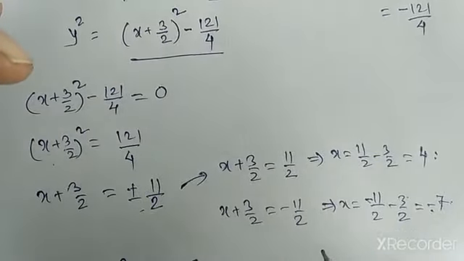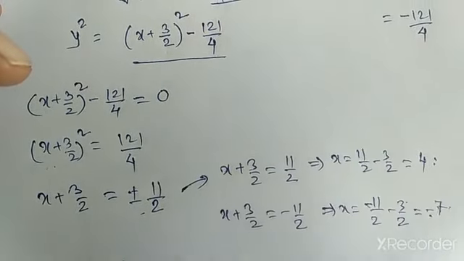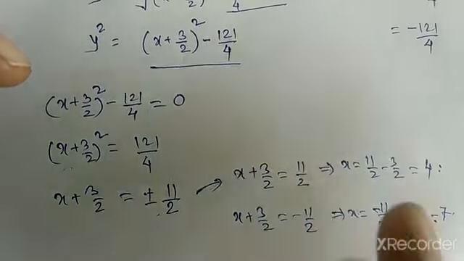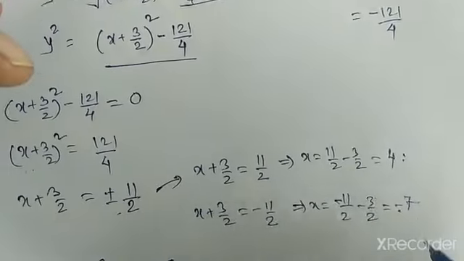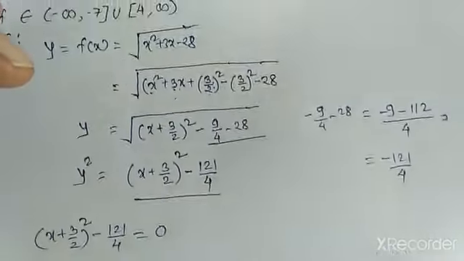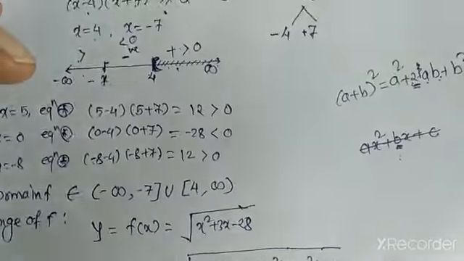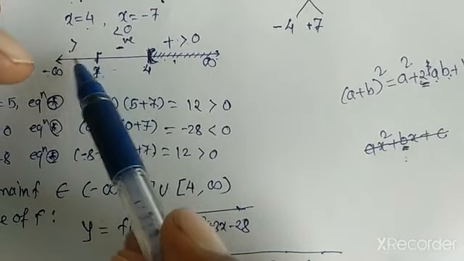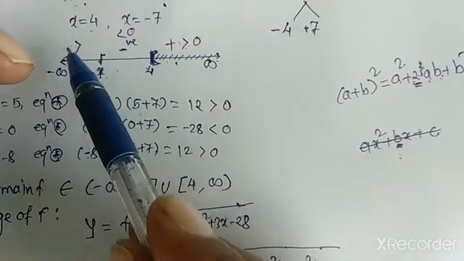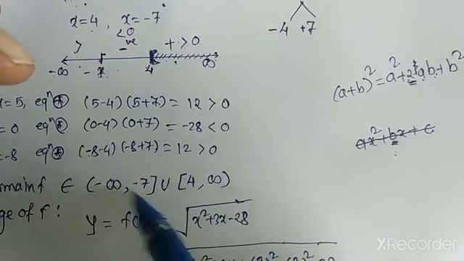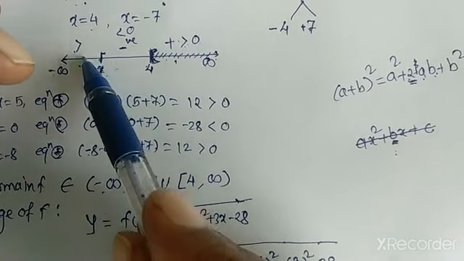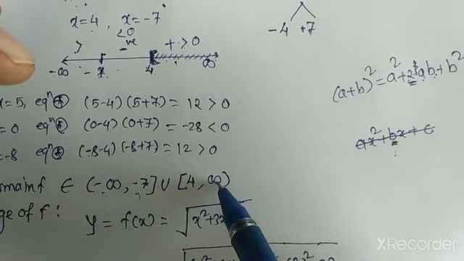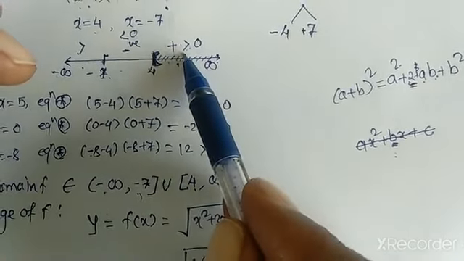Now we have to check whether it goes to positive or to minus infinity. Now for this example, if we consider the x values as sets, the values are both 0. In the interval minus infinity to minus 7 it is greater than 0, and in the interval 4 to infinity also it is greater than 0.